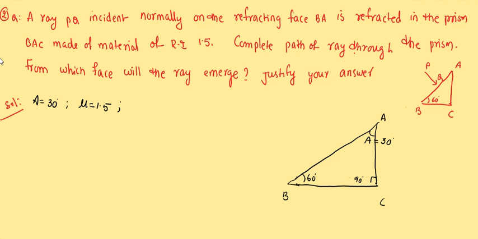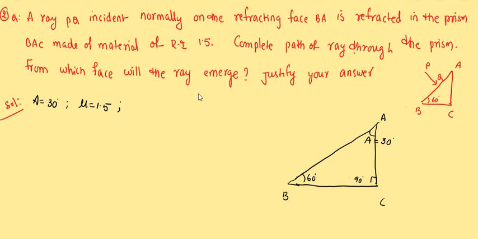And now let us read the question. What they gave: A ray PQ is incident normally on the refracting surface BA and is refracted in the prism BAC made of material of refractive index 1.5. Complete the path of the ray through the prism.